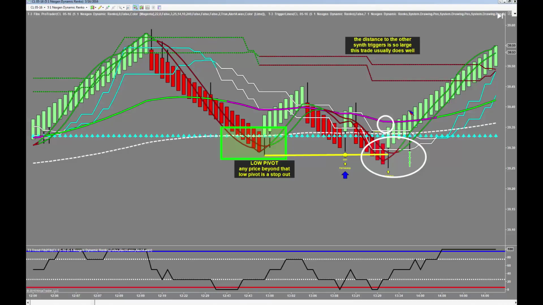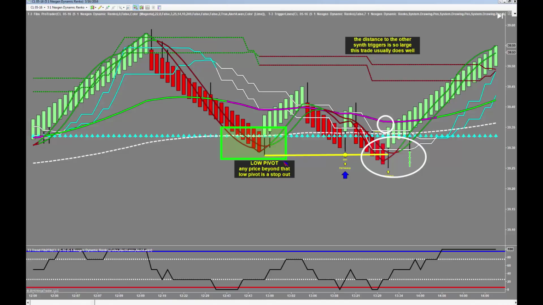If you missed it and it pulled back into your small triggers that are rolled up, you get another opportunity to get in. Or a lot of people will put a limit or stop entry order above the fib, and if it gets back up there, they'll go. How you get in, I don't really care.